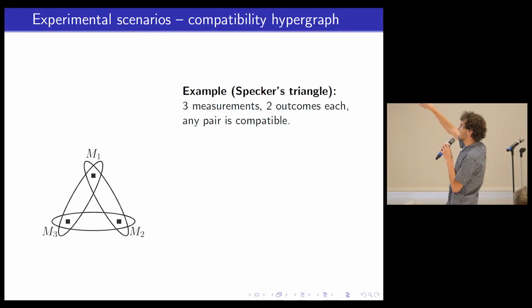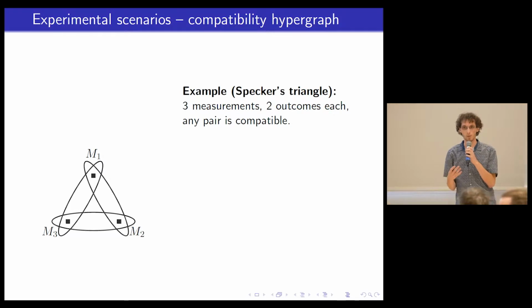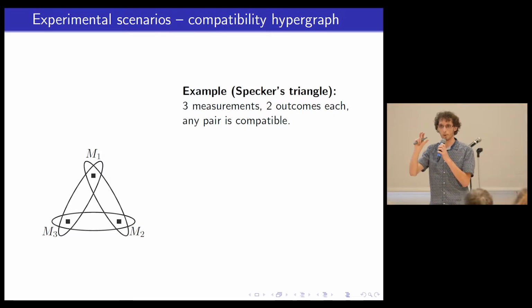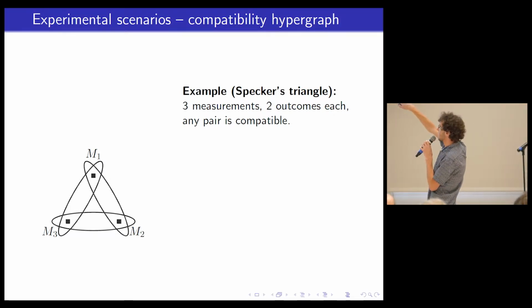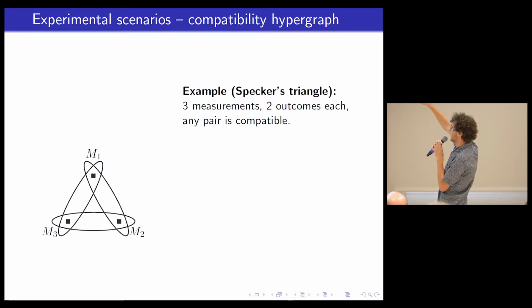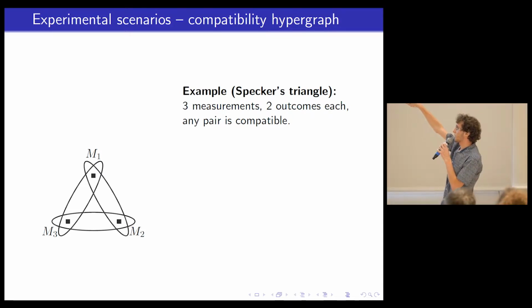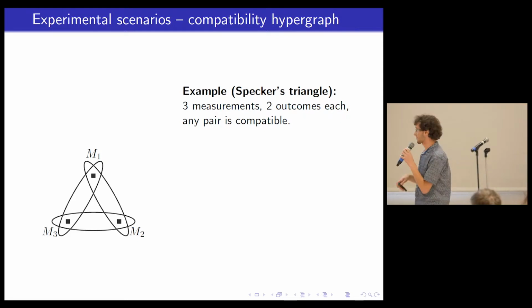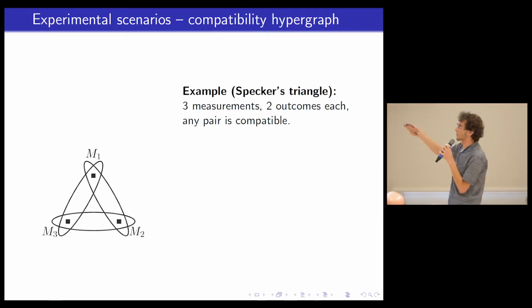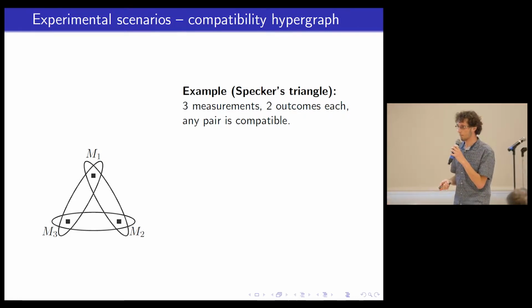And the hyperedges, which encircle them, correspond to sets of compatible measurements. So in this example, we have 3 measurements, and any pair of them is compatible, but we do not necessarily require that all 3 of them are compatible. This scenario is called the Specker's triangle.